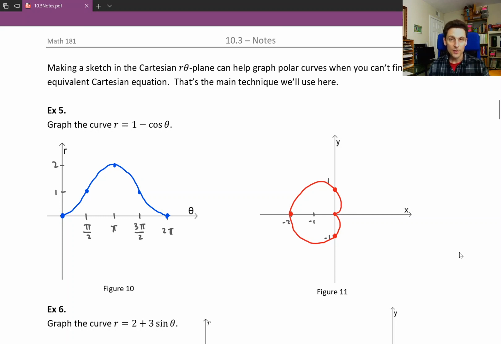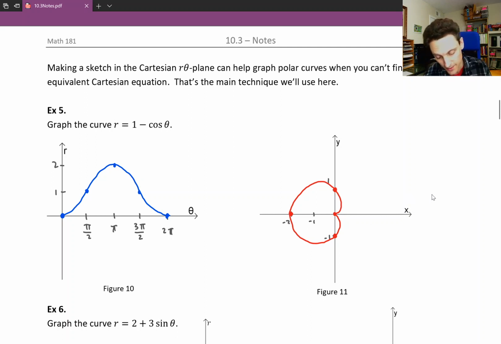So as r is moving away from the theta axis, you're essentially moving away from the origin in the xy plane. And as r moves towards the theta axis, you're going to be moving closer to the origin in the xy plane. And then as theta is going to the right, like theta goes from 0 to 2pi, you're just rotating your r number line in the xy plane.